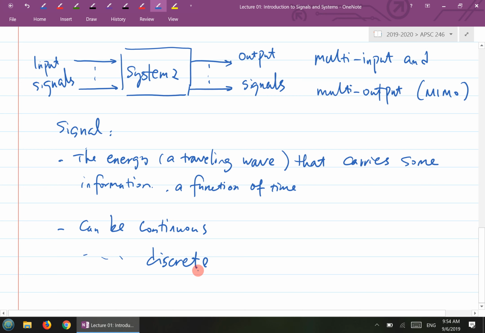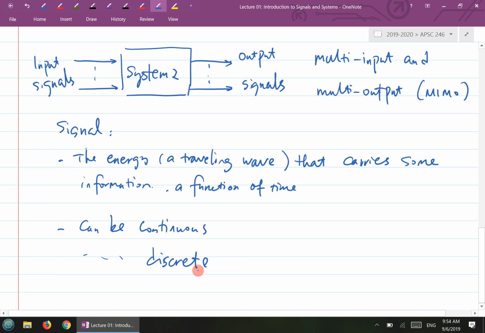The whole world is analog, but we're trying very hard to use ones and zeros to describe the world. Every digital equipment that you're using is using discrete signals inside the signal processing. So signals can be continuous, that's the reality. Discrete is more of a thing that humans artificially created.